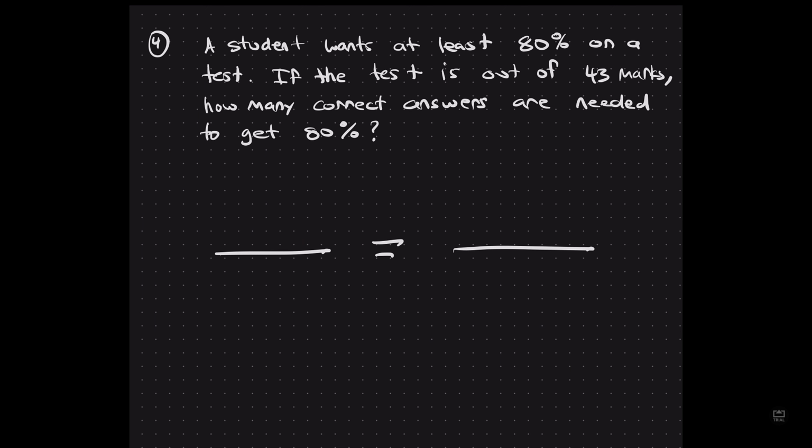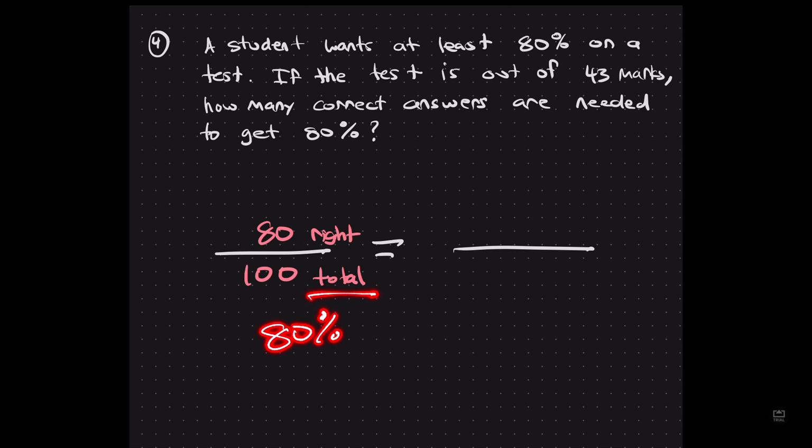So how do I represent 80% as a fraction? Well, it can be 8 over 10 or 80 over 100. So now this is the total on the bottom, right? That's what it's out of. So if you get 80%, you get 80 questions right out of a total of 100. That would give you 80%.